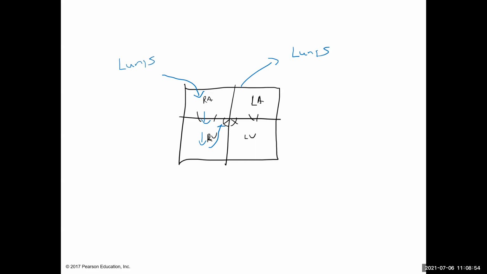Then when it comes back from the lungs, it has oxygen, right? And then that goes into the left atrium, the left AV valve, into the left ventricle, and then out the aortic semilunar valve, and into the body. Okay.